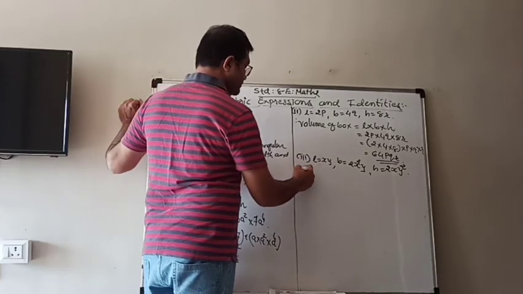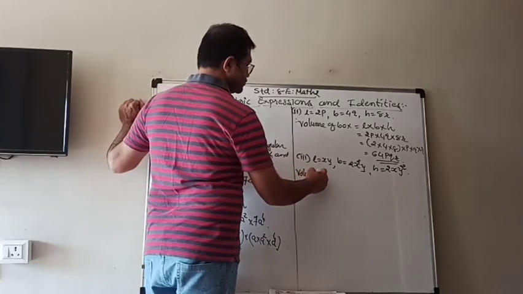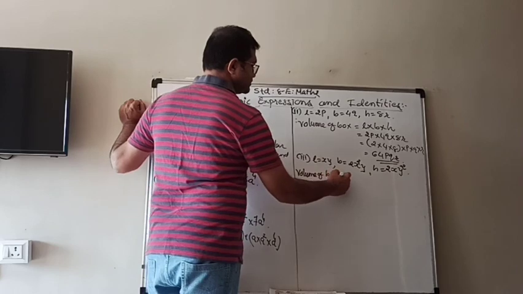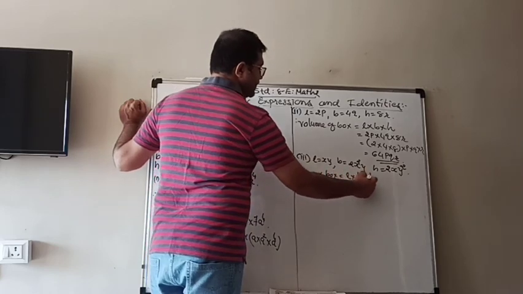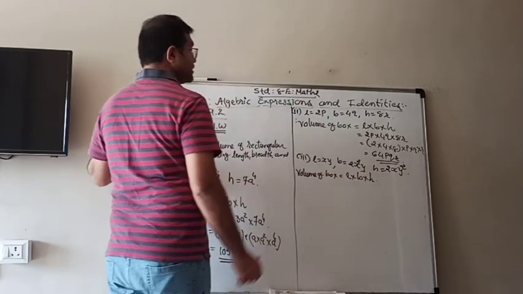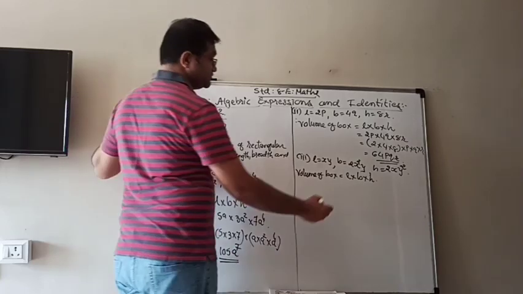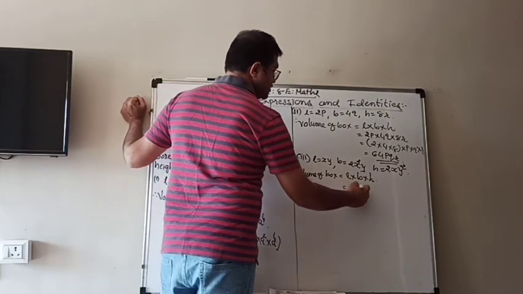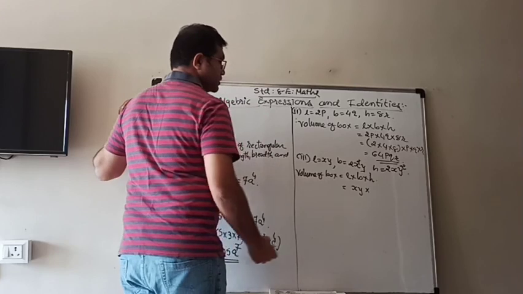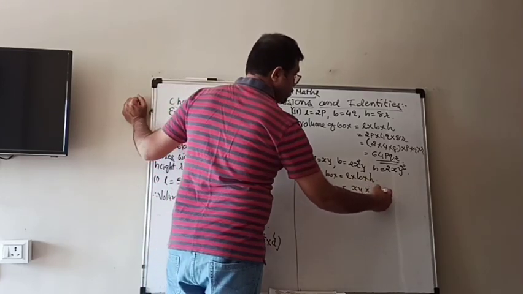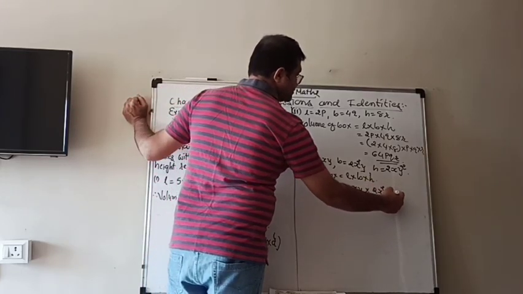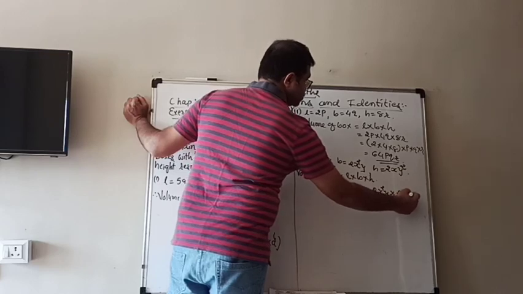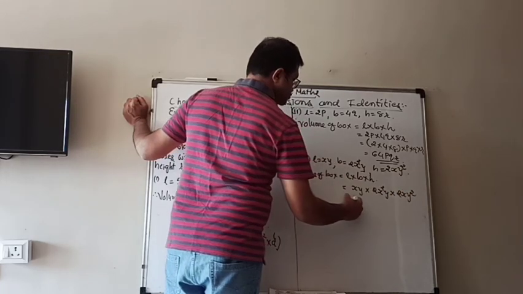So now volume of a box is length multiplied by breadth multiplied by height, so it is equal to xy multiplied by 2x square y multiplied by 2xy square.